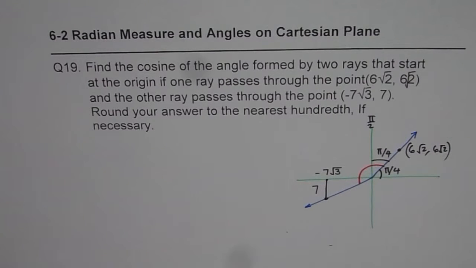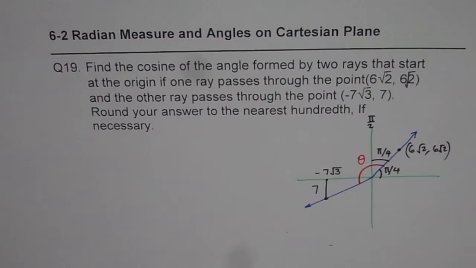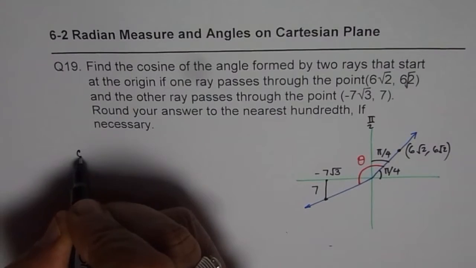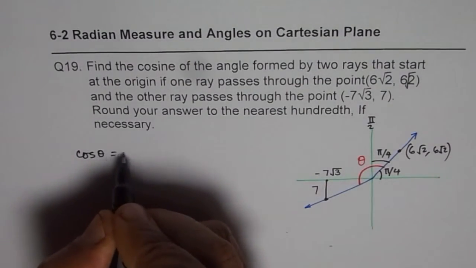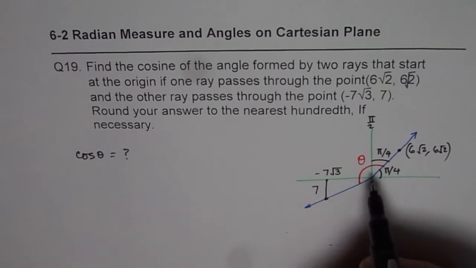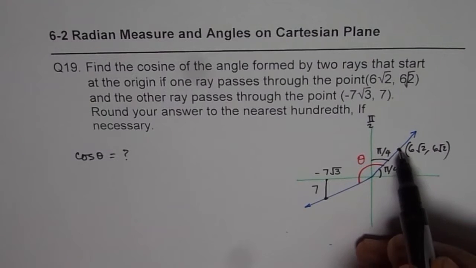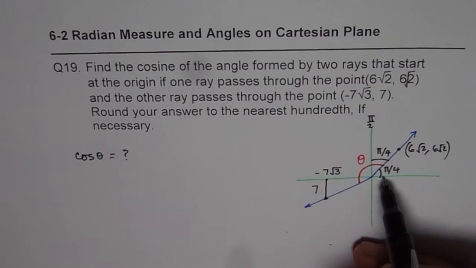So we are interested in finding the cosine value of this obtuse angle theta. That is the question for us, correct? So let's figure it out. Now we found that this should be pi by 4 since the triangle makes equal sides.